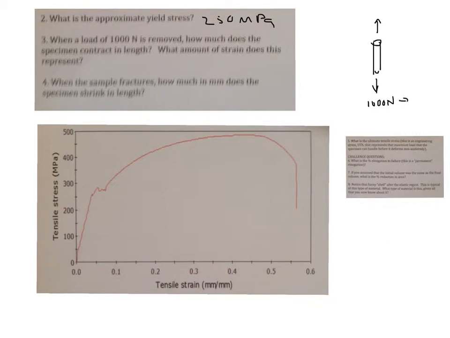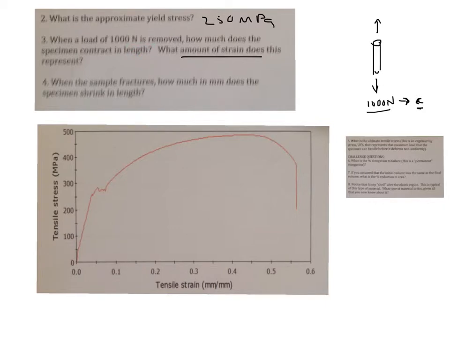So that corresponds to some sort of strain, and the question is, when you remove that load, what was the strain? Because that's the amount of strain that was on the specimen with that 1,000 newton load, and the question is about how much does it contract in length.